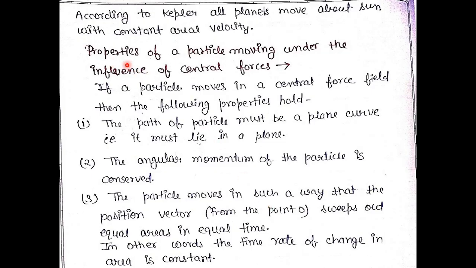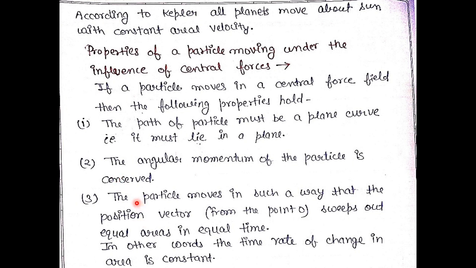Now the properties of a particle moving under the influence of a central force. When a particle moves under central force influence, what properties does it have? First, the path of the particle must be a plane curve, meaning it must lie in a plane. Second, the angular momentum of the particle is conserved, which we have proved in previous slides.